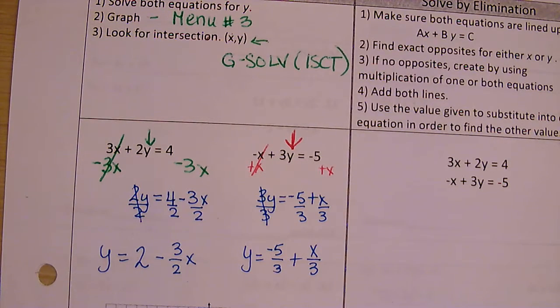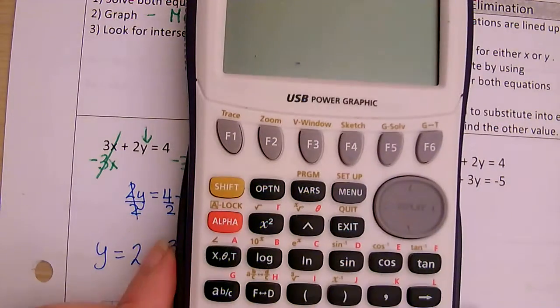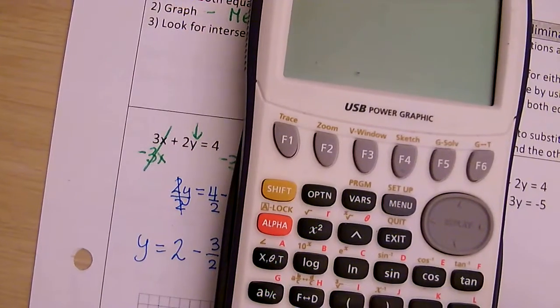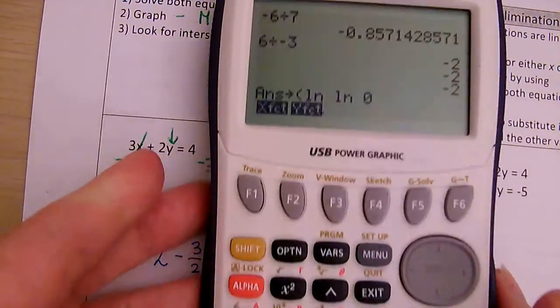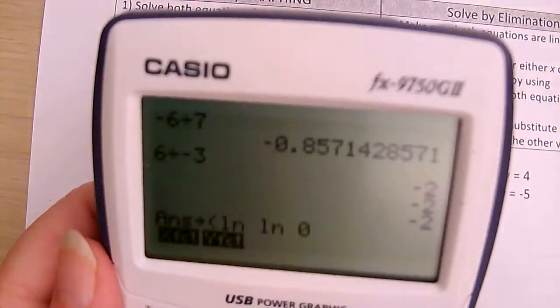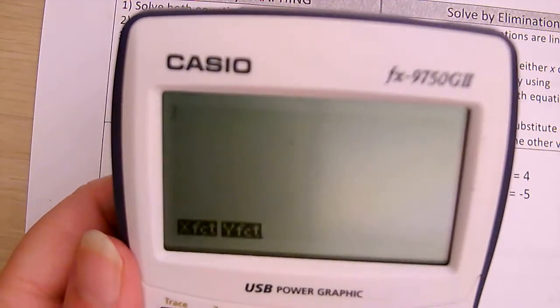So let me get that calculator. Oop, it's not handy, hold on. And I'm going to turn it on. I haven't used this, so we'll see what I get. I'm over here. That's fine. Clear all that out if you want.